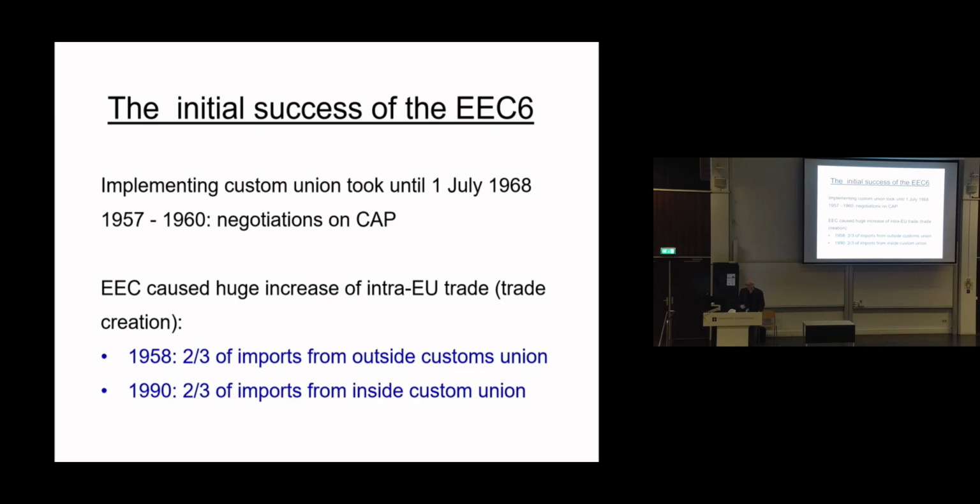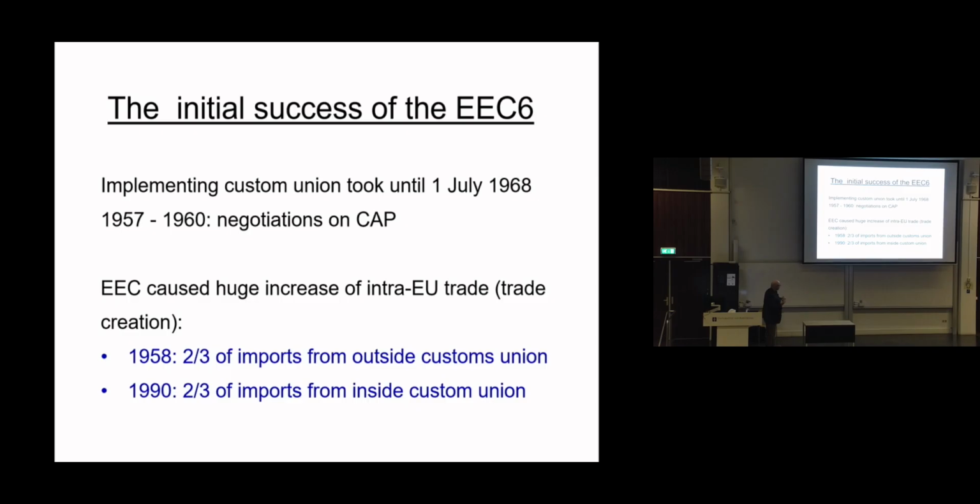We talked about trade creation yesterday, and there was indeed quite significant trade creation within the European Economic Community. In 1958, two thirds of the imports came from outside the customs union, the EEC6, and in 1970, two thirds of the imports came from inside the customs union.